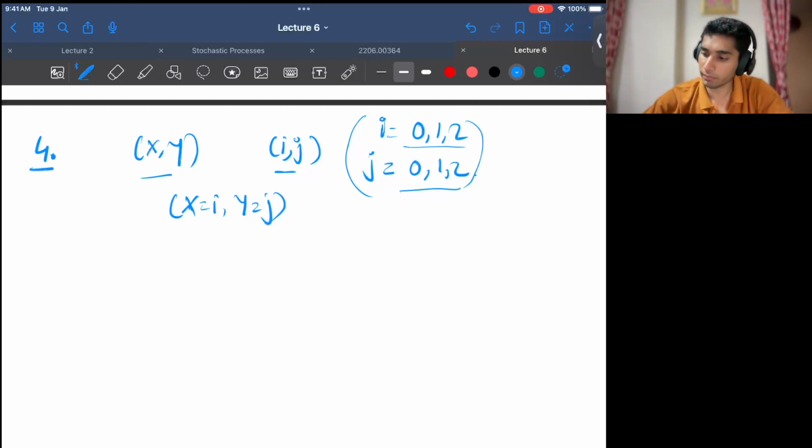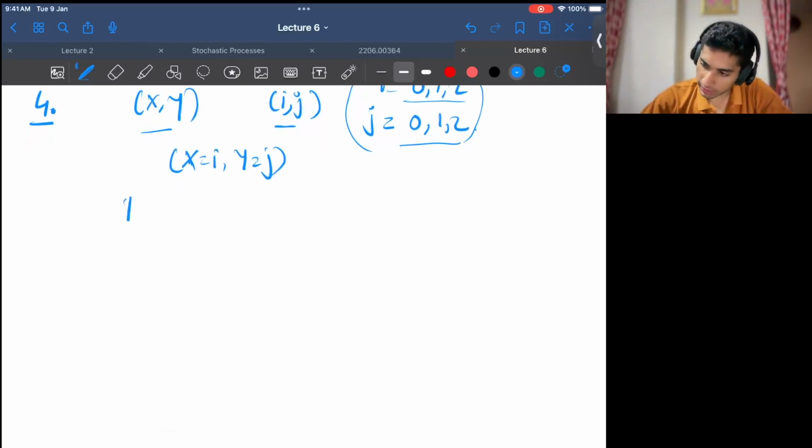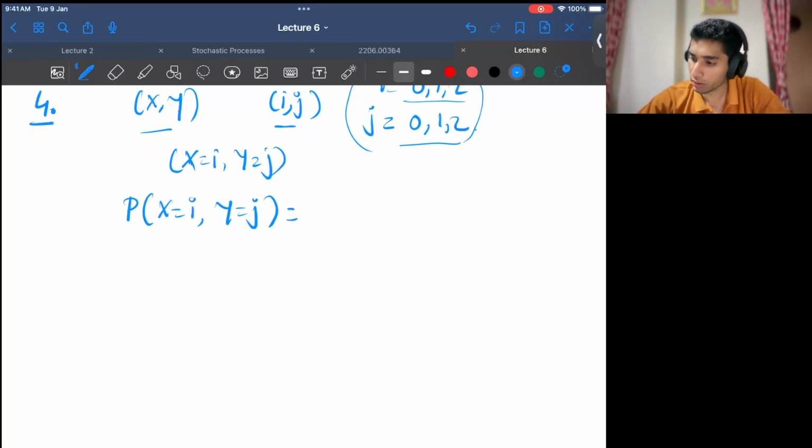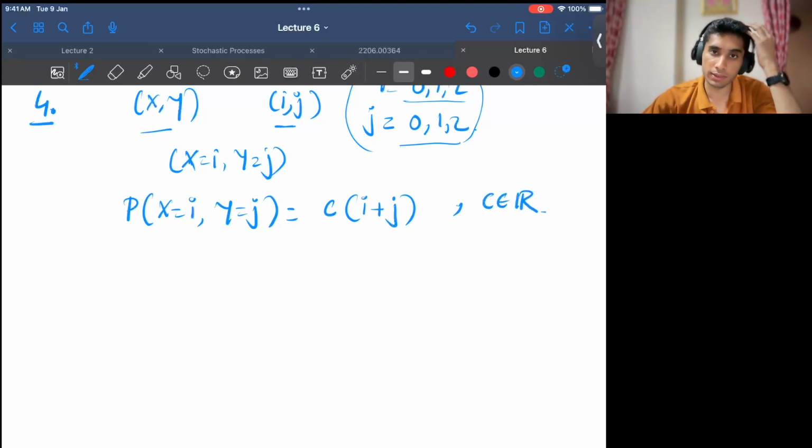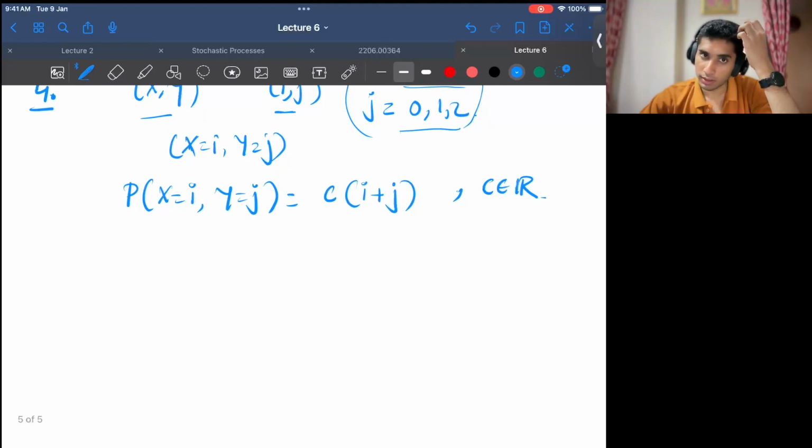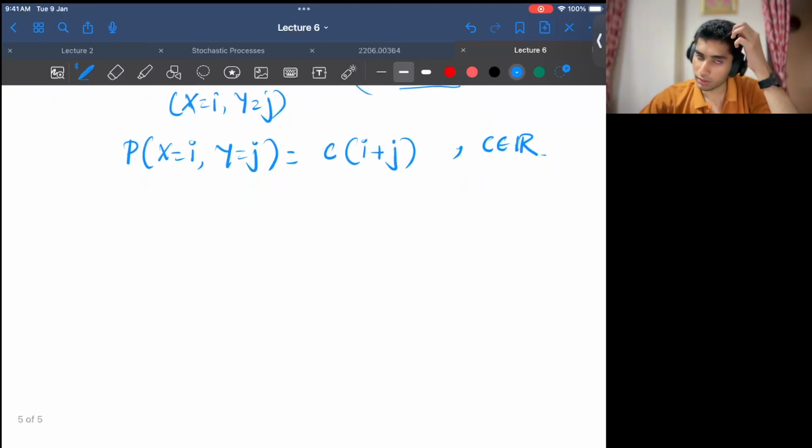Okay. So additionally, it is also given that probability of x equal to i and y equal to j is equal to c times i plus j. This is given to you, where c is some real valued constant, let's say. So the question that is asked is which of the following are correct?